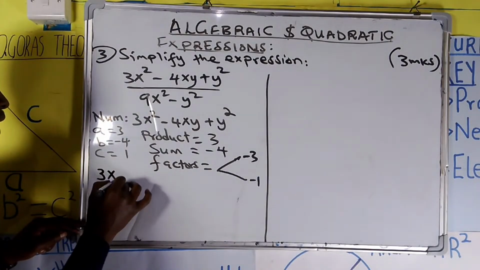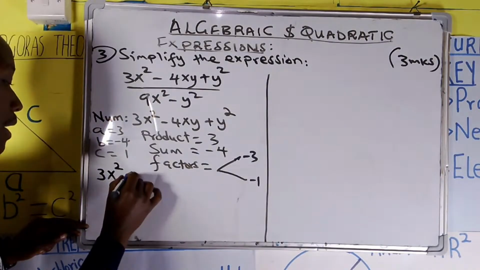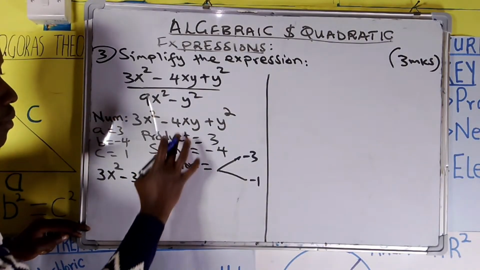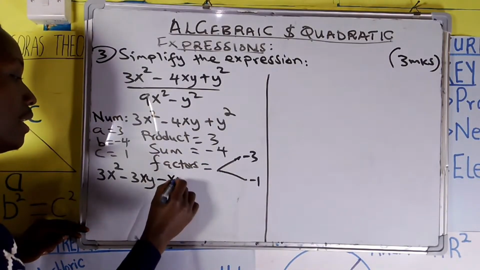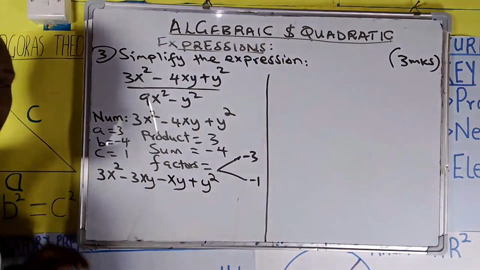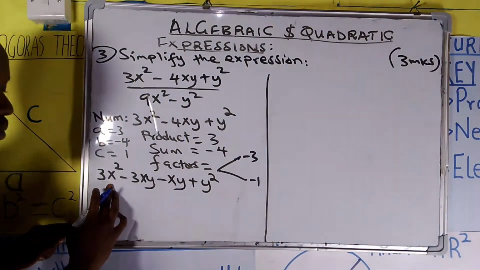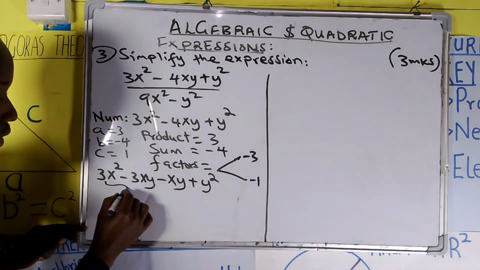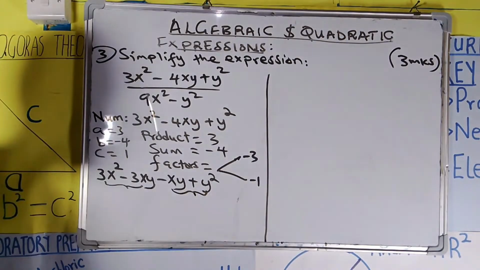So we have 3x squared. We will now replace minus 4xy with minus 3xy, minus 1xy, which is the same as minus xy, then plus y squared. Once we have this, we will now factorize by grouping two by two.